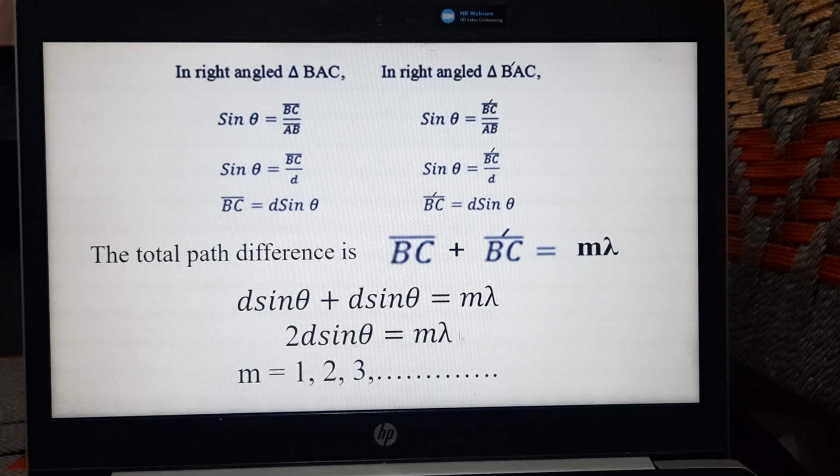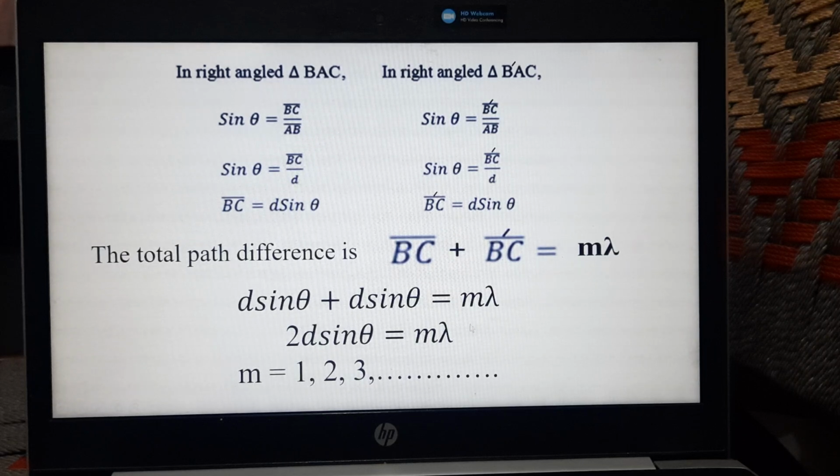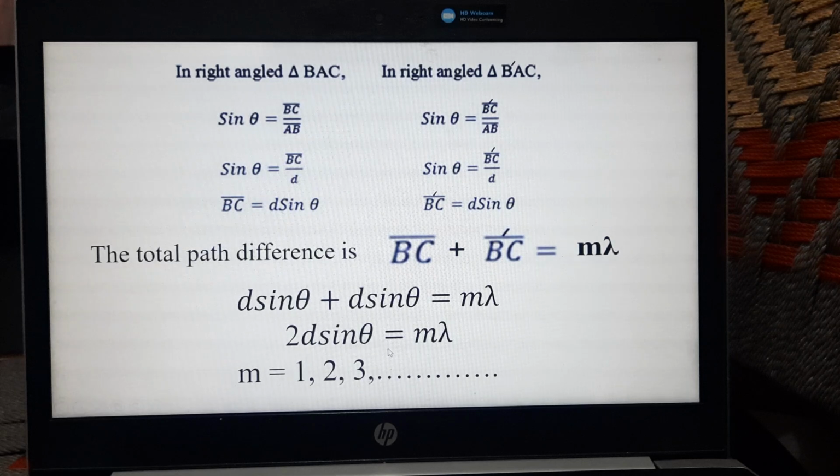So this equation is basically the Bragg's law, and that is utilized for the diffraction pattern of the X-rays from a crystal structure. So this is all about the Bragg's law. I hope you got it.